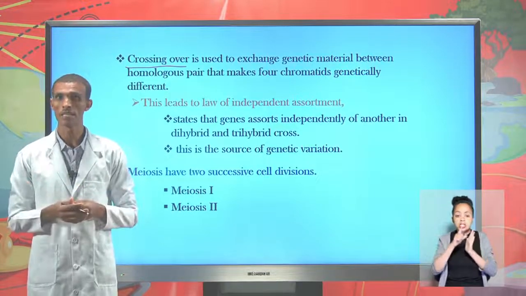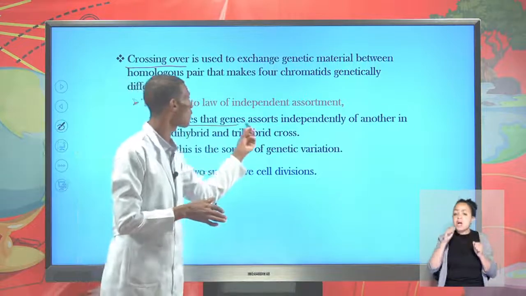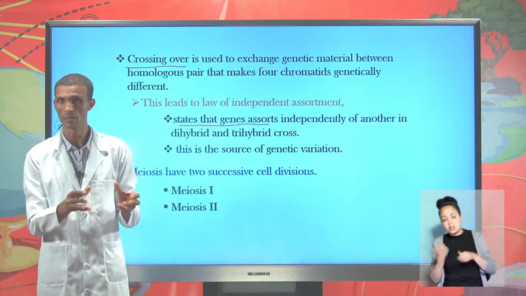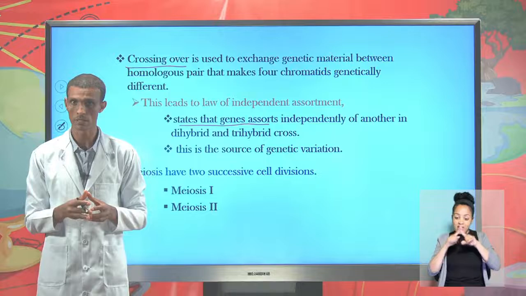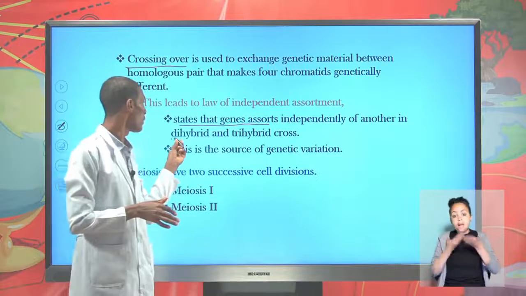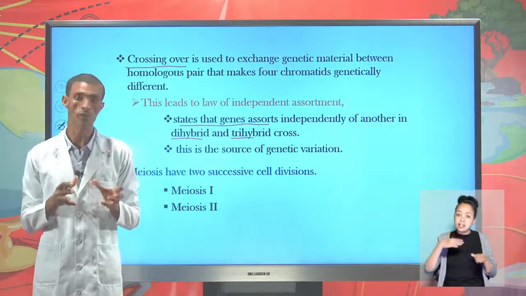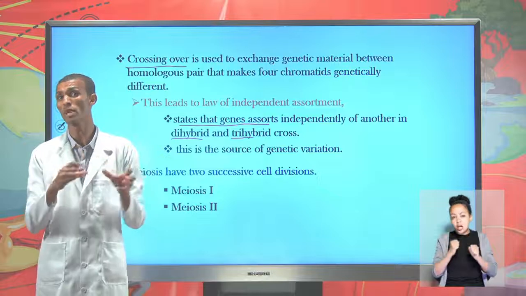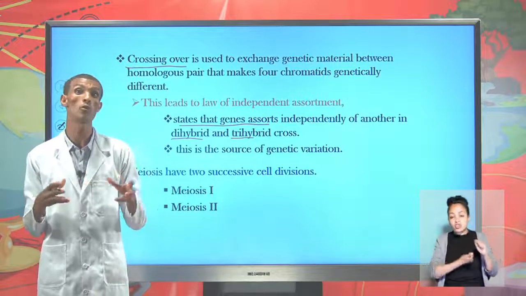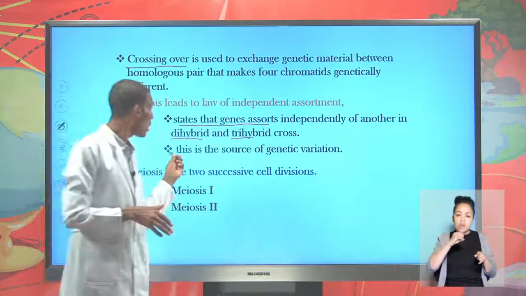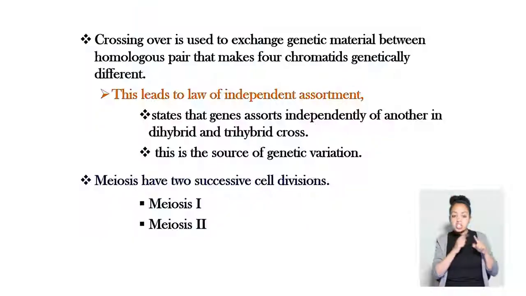This law states that genes are assorted independently of each other, the separation of genes from one another, since they are found on different loci, which applies in Mendel's dihybrid and trihybrid crosses. As a result of crossover, with exchange of genetic material between sister or non-sister chromatids, each daughter cell shows genetic variation. So meiosis contributes to genetic variation or diversity among the daughter cells.